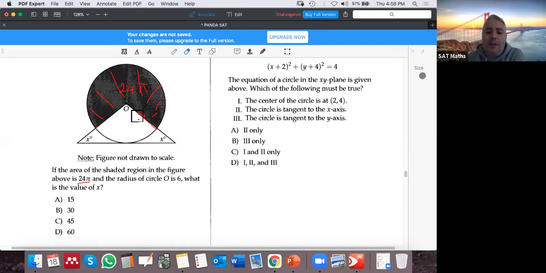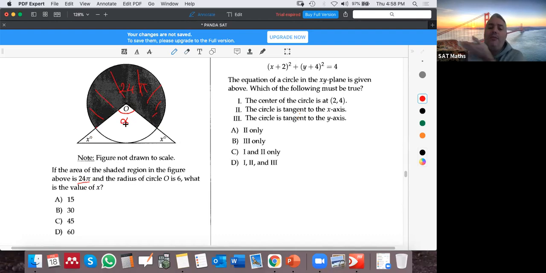To solve this one, first of all, I call this alpha. When I calculate alpha, let's say this is 100, for example, then alpha plus x will be 180. So I can calculate x easily. To calculate x, it's easy if I know alpha.